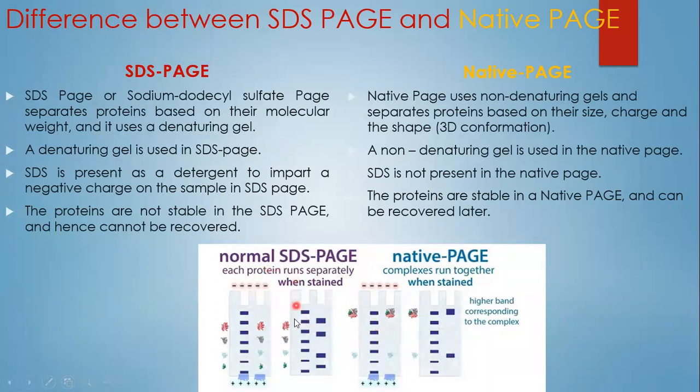So there is an advantage in SDS-PAGE: it can separate different kinds of protein. In native PAGE, higher bands correspond to the complex. So proteins are available in a bunch or in a complex. These are a few differences between SDS-PAGE and native PAGE.